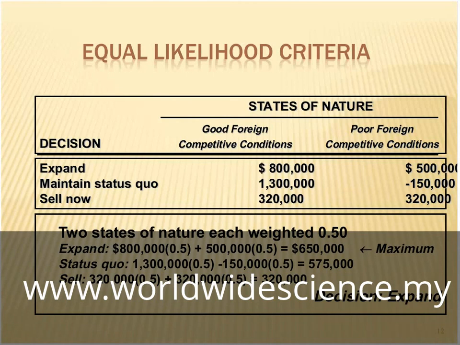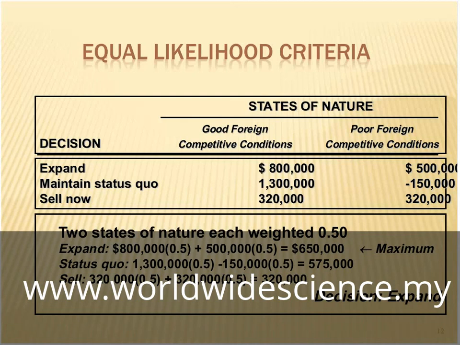The last method is the equal likelihood method. In the equal likelihood, you should do exactly the same, but the difference is here you should allocate an equal number to each of the states of nature. We have two states of nature, so you should allocate 0.5 to each of them. If you had 3 states of nature, you should allocate 0.33 to each of them.